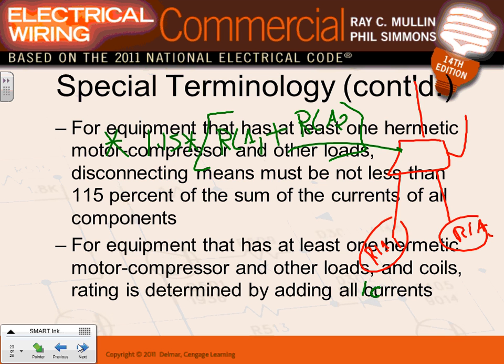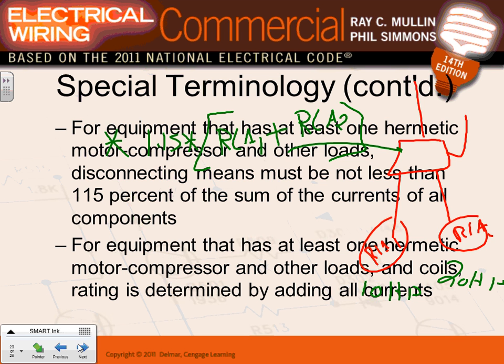The horsepower size is very easy. Suppose this is a 10 horsepower and this one is 20 horsepower. The way they do it, guys, they take 10 plus 20 and you go to the table in 430. It has to be rated to handle both of them. There are two ways of doing it.